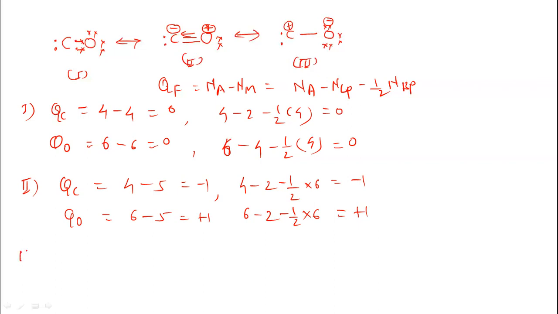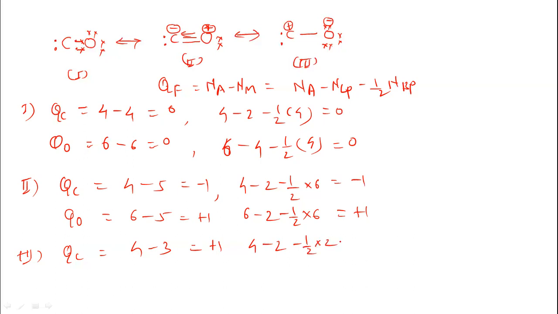Now in structure 3, formal charge on the carbon: valency of the carbon is 4, minus number of electrons in the molecule, equal to 1, 2 and this 3. So carbon has plus 1 charge here. By using the other formula also, we can calculate: 4 minus number of lone pair electrons, 2, minus 1 by 2 into number of bonding electrons, only 2 here.